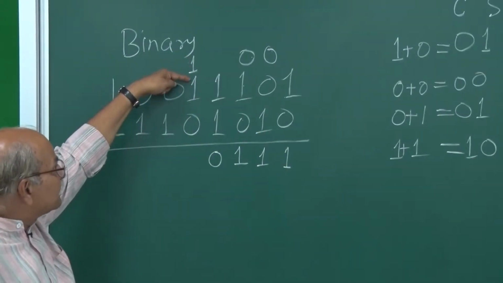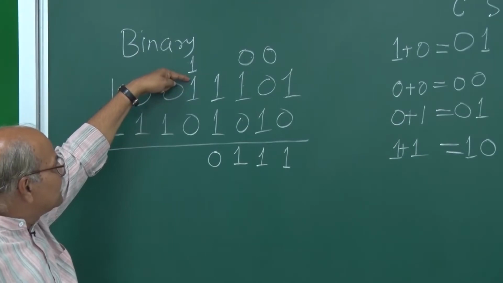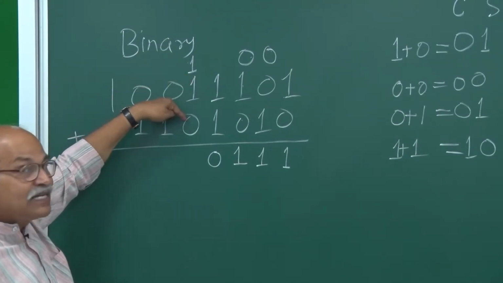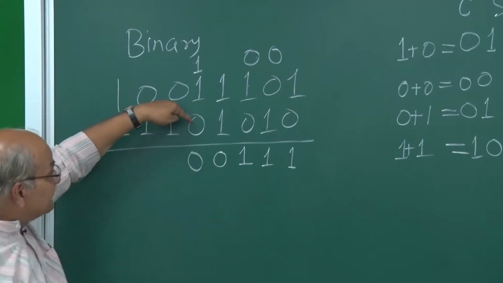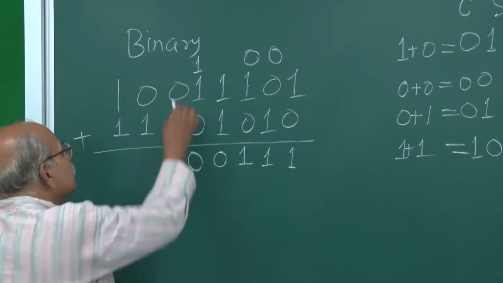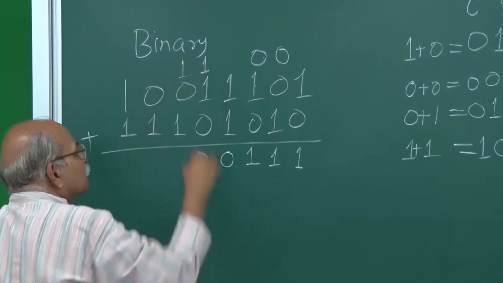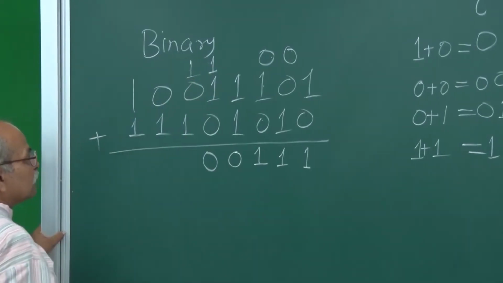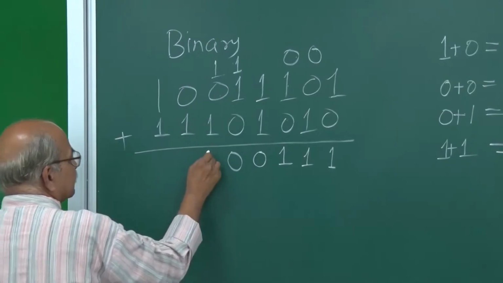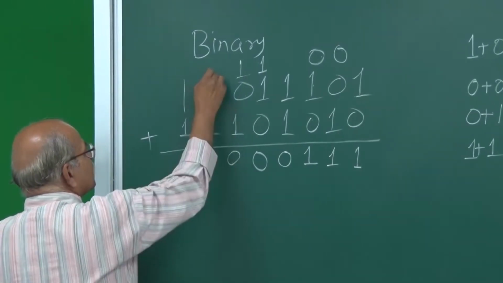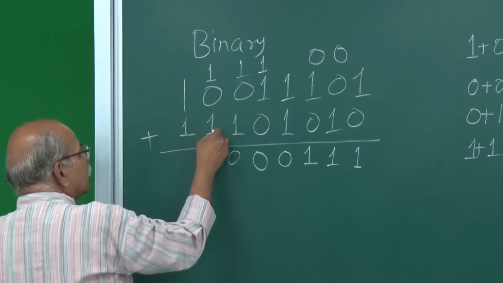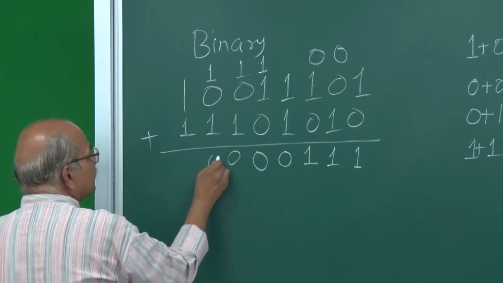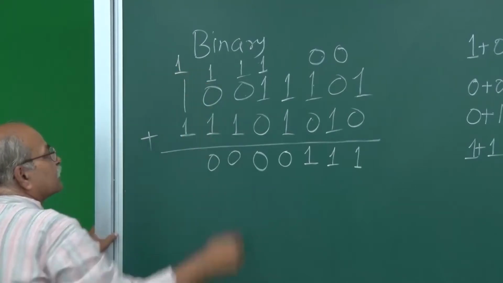So I have to remember that the sum is 0, and that sum is to be added here, 0 plus 0, and that is 0, and that carry still remains. So that carry goes here, and then 1 plus 0 is 1, and 1 plus 1 is 1 0. So this 0 goes here, 1 goes here, 1 plus 0 is 1, 1 plus 1 is 0 here and 1 here.